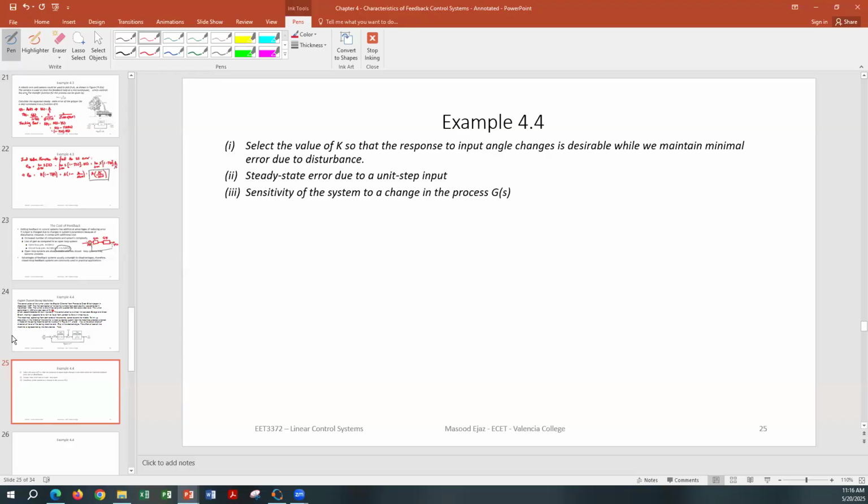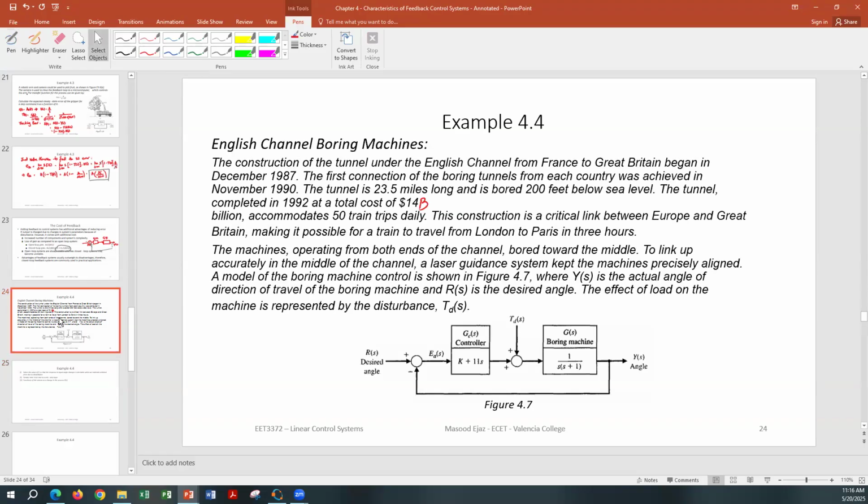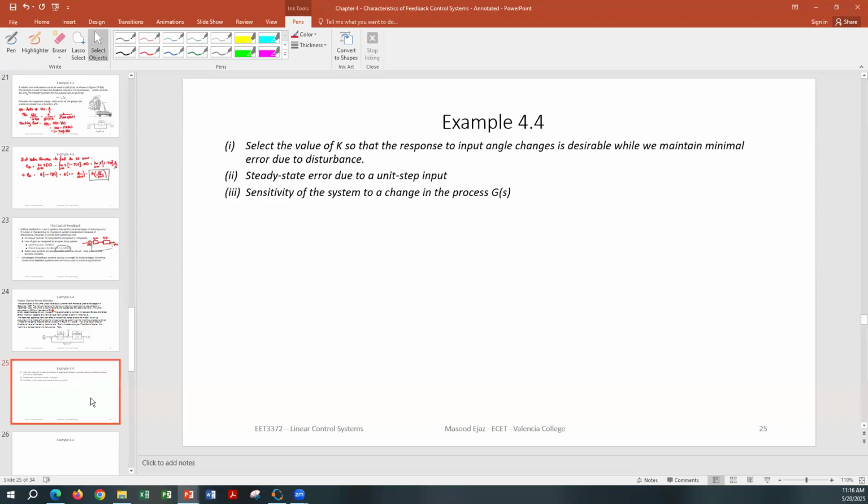So first, we are going to write down the expression of the output Y(s) in terms of both inputs, R(s) and T_d(s). And then we will see for which input we want to figure out the effect, or whatever is being asked in the problem. So we're going to write it in terms of both R(s) and T_d(s).